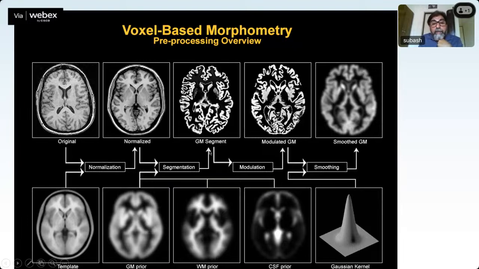Similarly, you have the white matter segment, the modulated white matter, and the smoothened white matter segment. And similarly, you will have 3 CSF segments as well. So you will generate these images by doing this process, and then finally you put a Gaussian filter to smoothen the data, and you have this smoothened image, which is now ready for comparing between the two populations.